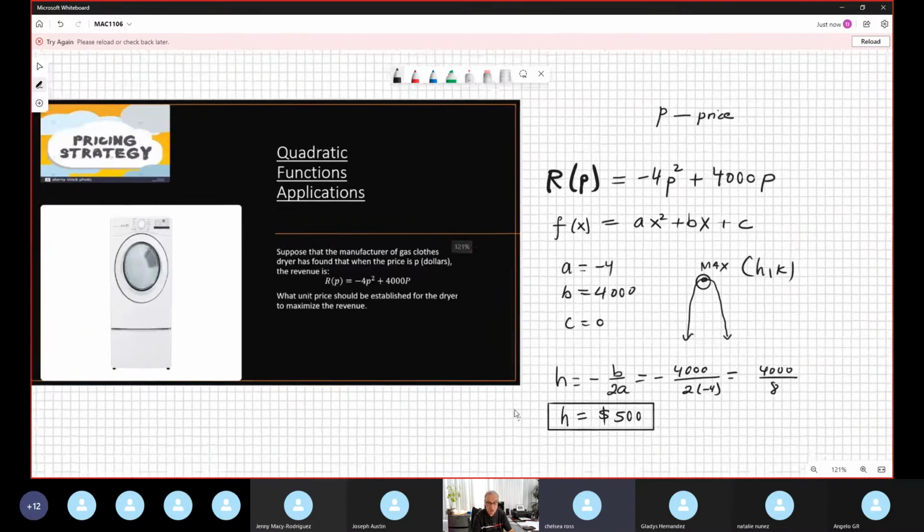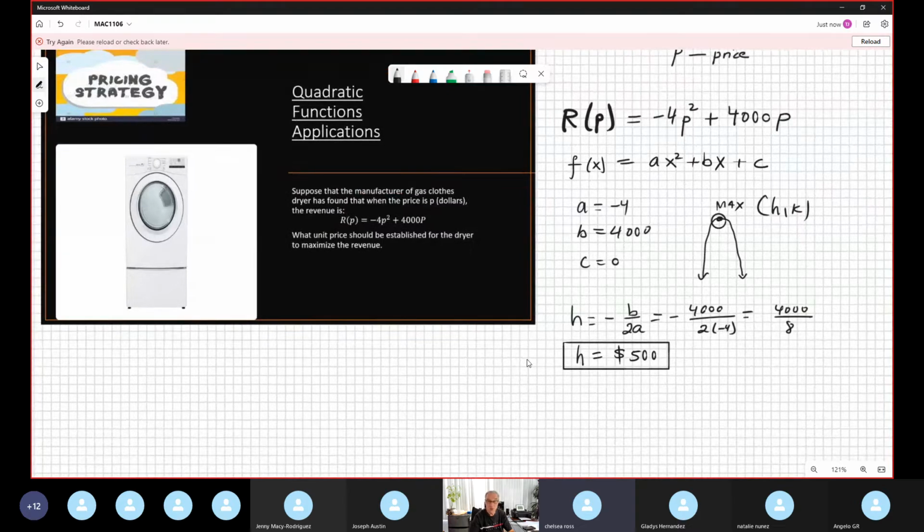However, if you want to find revenue, you plug $500 into the function: -4 times 500 squared plus 4,000 multiplied by 500. One is negative, another is positive. I put it in the calculator, and the revenue, which is not the question they want in this problem, but out of curiosity I did that, is 1 million.